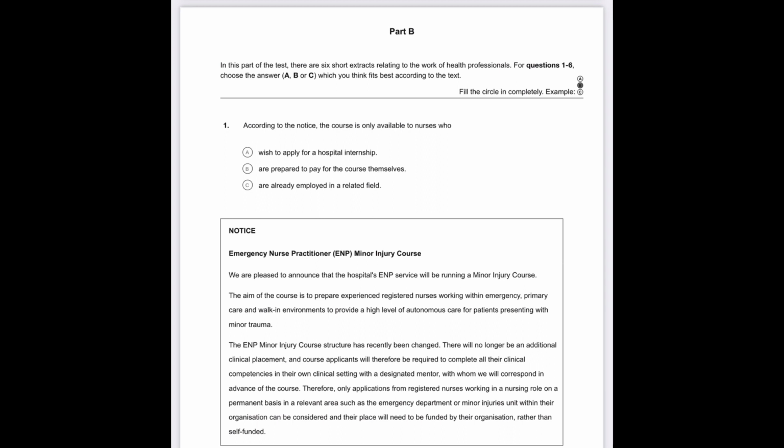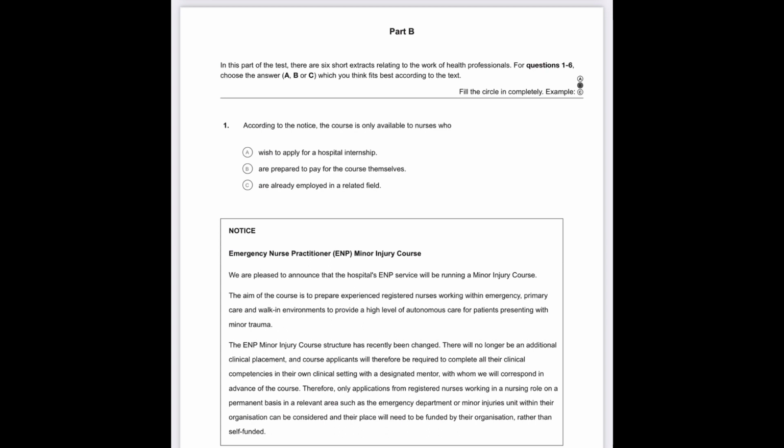Therefore, only applications from registered nurses working in a nursing role on a permanent basis in a relevant area such as the emergency department or minor injuries unit within their organization can be considered, and their place will need to be funded by their organization rather than self-funded. So lots of criteria. Main thing is registered nurses working in emergency department.